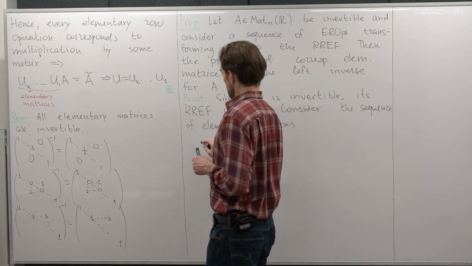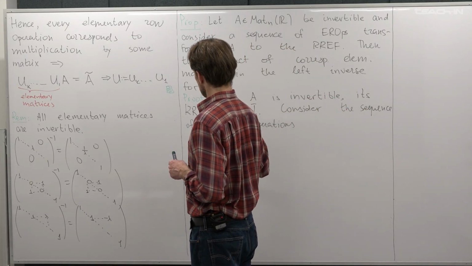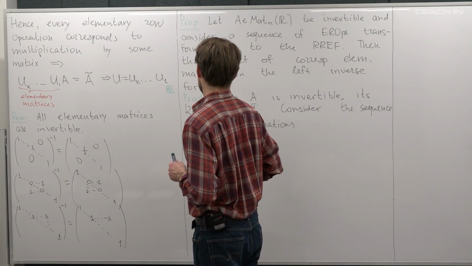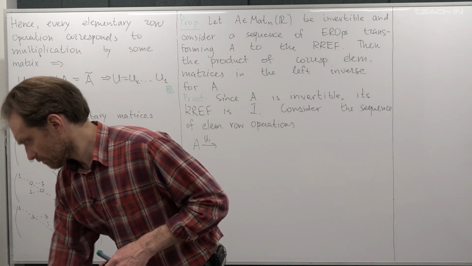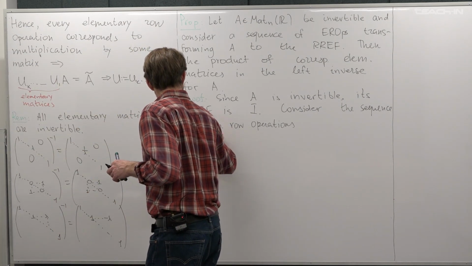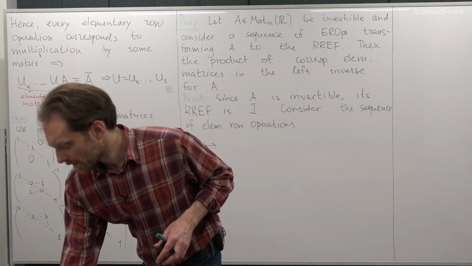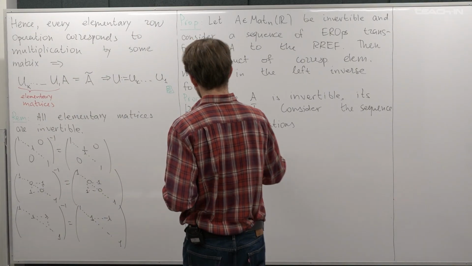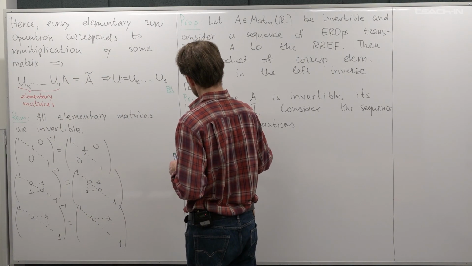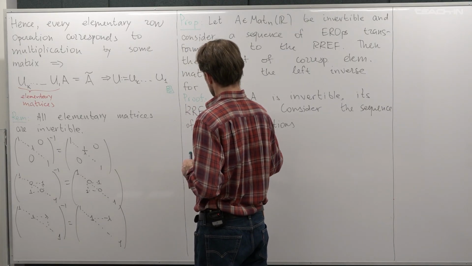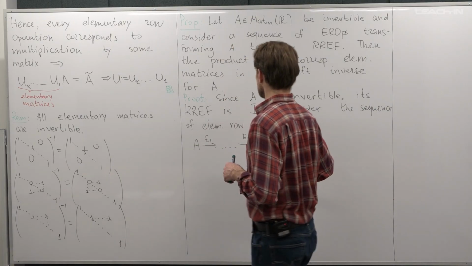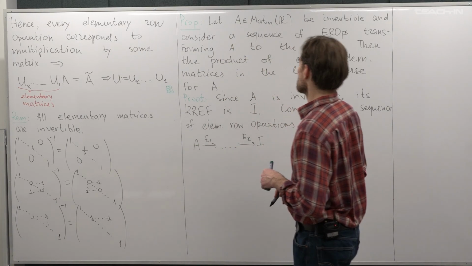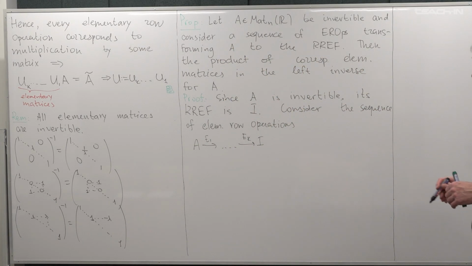So we start from the initial one, then we apply some elementary row operation E1, then etc. Poor notation, just because U denotes the matrix. So then after applying the kth elementary row operation we get the identity. So this is what happens.